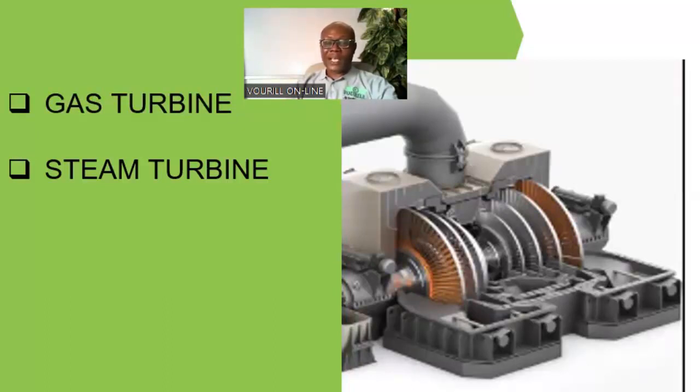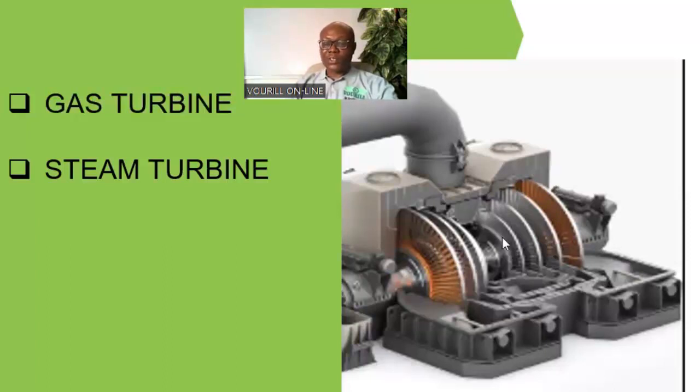So that high energy steam is what is sent into this turbine. As it comes into the turbine, it spreads to both the left and the right, and then the high energy steam impinges on the rotor blade of the turbine and forces it to turn.